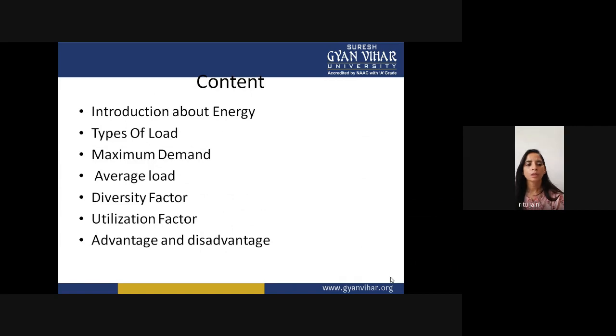So 1,000 watts means 1 kilowatt hour. It means you are consuming 1 unit in 10 hours. So 1 kilowatt hour also represents the unit, or you can say energy, in electricity terms.